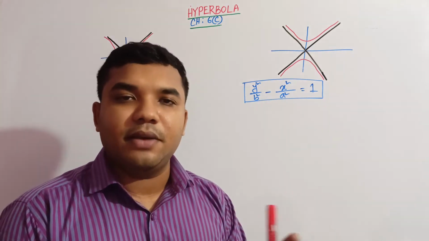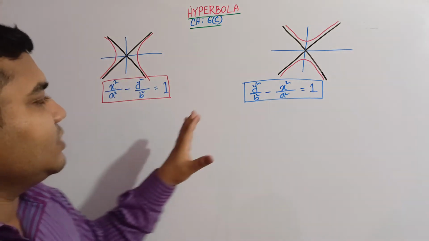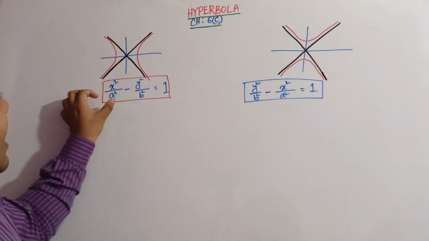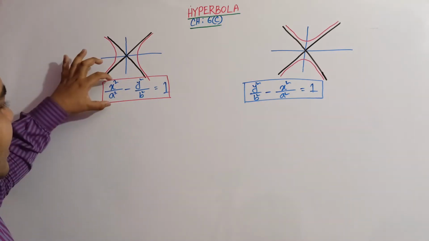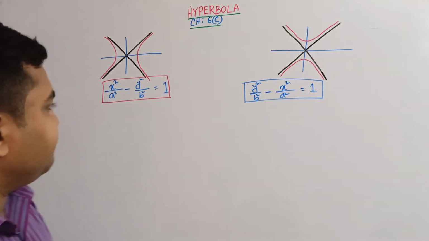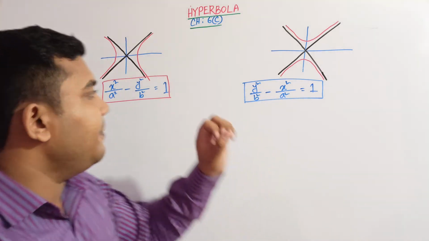We saw some actual variations there, but here there is no such variation. Here we just look at which one comes first. Whichever comes first will be the bigger. Clear? Okay, now we are going for some formulas to understand all the things.